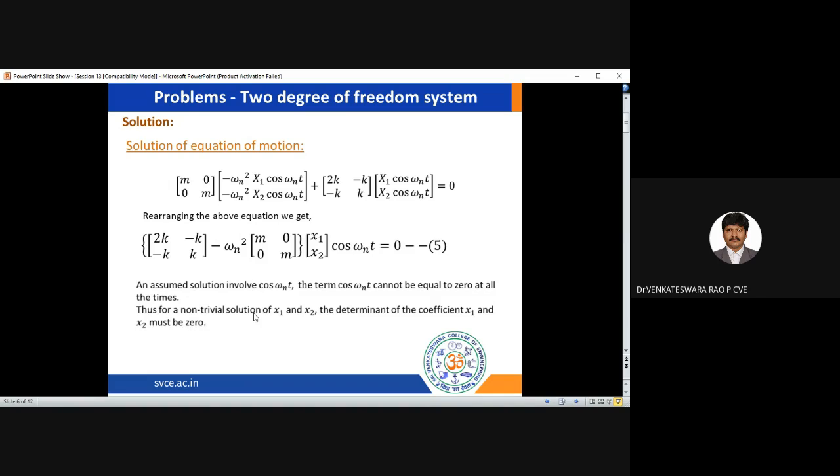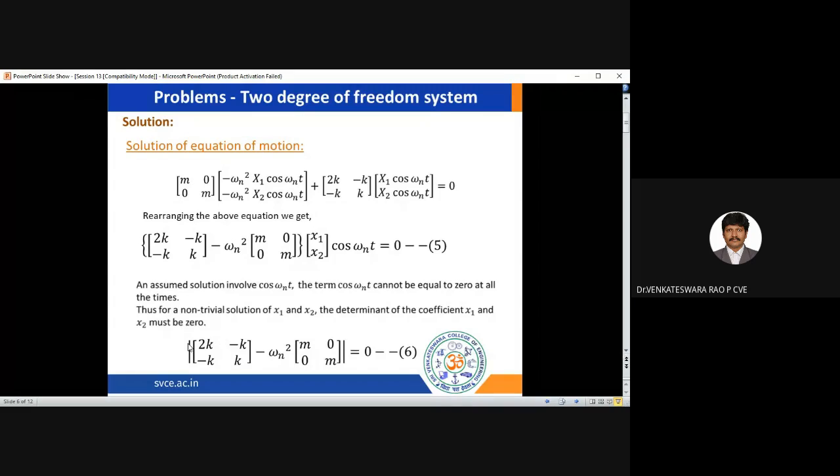So for a non-trivial solution of x1 and x2, the determinant of the coefficient of x1 and x2 must be 0. That is, the determinant of the stiffness matrix minus omega n square into the mass matrix is equal to 0. Now we have the 2 by 2 matrix in both the terms, and we need to simplify that.